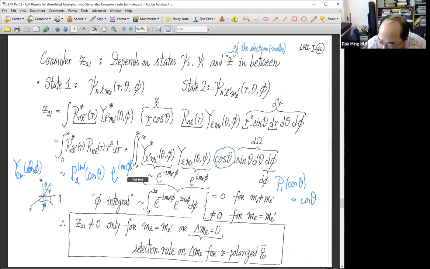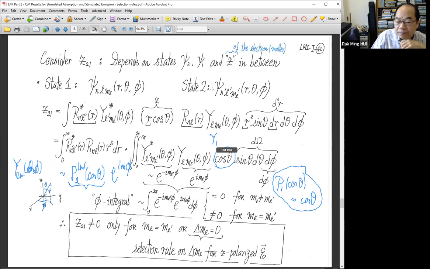This is the so-called associated Legendre polynomial. Okay, but in our case, when you see a cosine theta, it is like a Y1 something, because Y1 will go with P1. You understand what I'm saying?